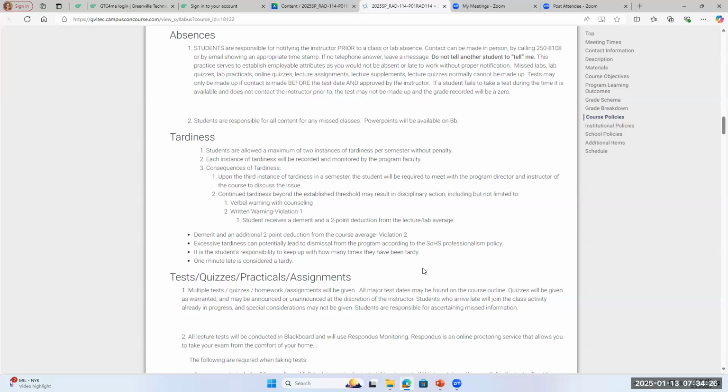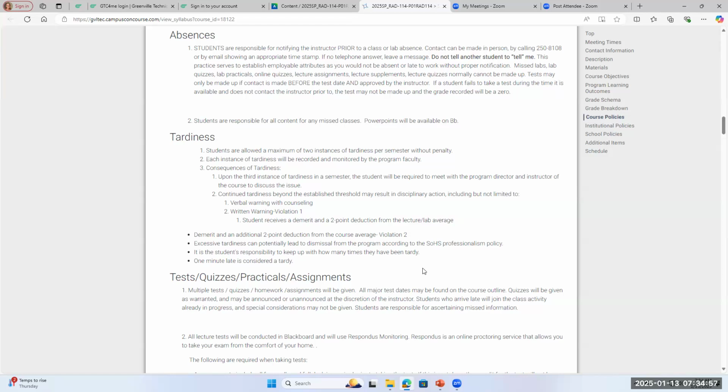Make sure that you know that a late is, I sit here literally and look at the clock and I wait until a minute has gone by. Like last semester, when it hit 8:01, that's late. 1 minute is late. This semester, I'm going to sit here and look, 7:31 is going to be late.